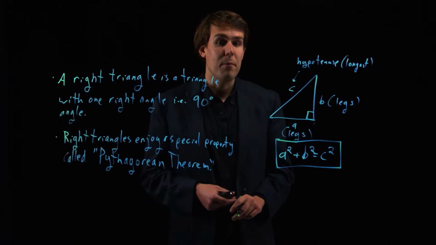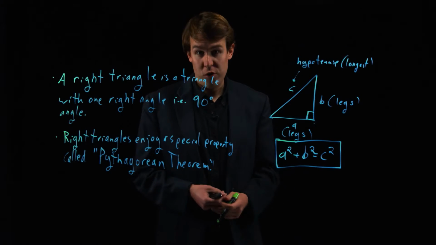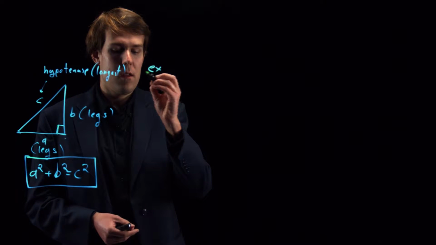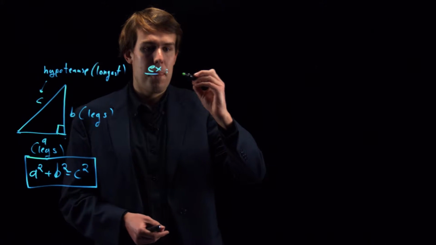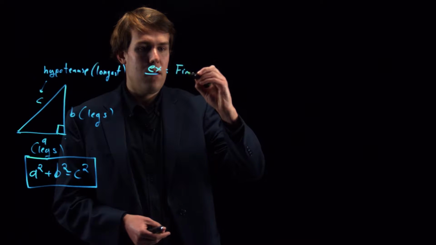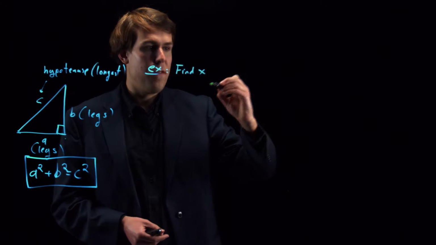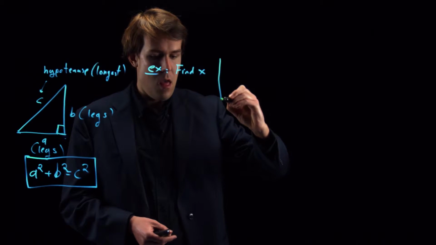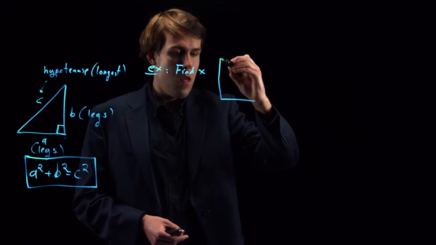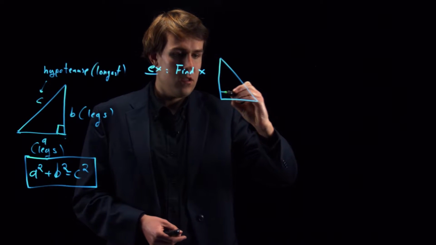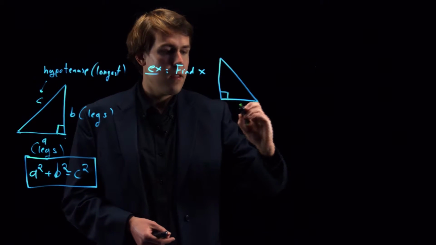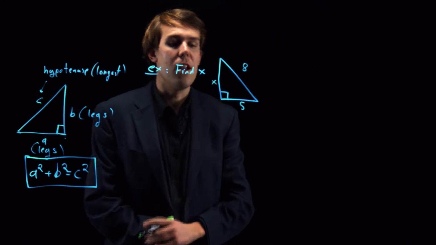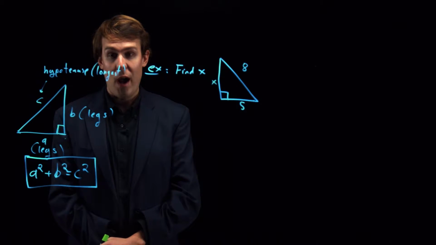So let's look at some examples where we're asked to solve for some missing sides. First, we'll look at the following triangle. So it's a right triangle. This side is 5, this is 8, and this side x is unknown. And we want to solve for x.